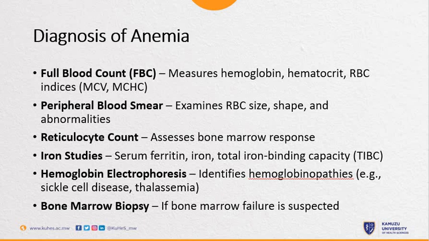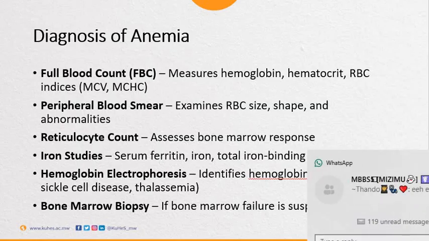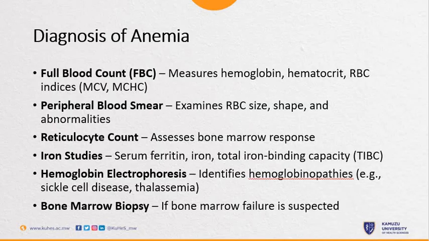You can also perform hemoglobin electrophoresis, which identifies hemoglobinopathies, which include sickle cell disease and thalassemias. In other cases, you can perform a bone marrow biopsy if bone marrow failure is suspected.